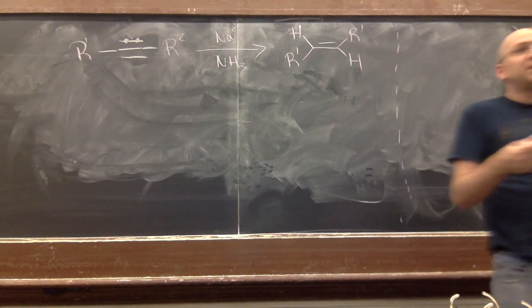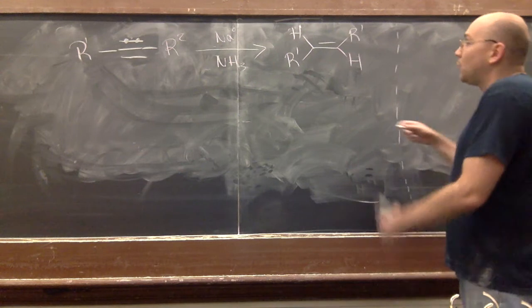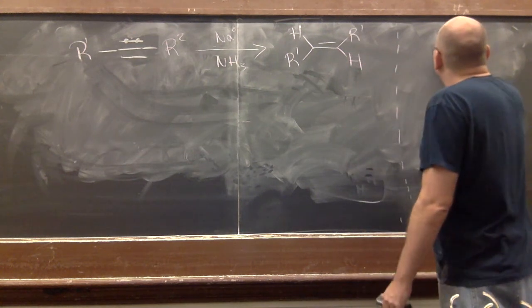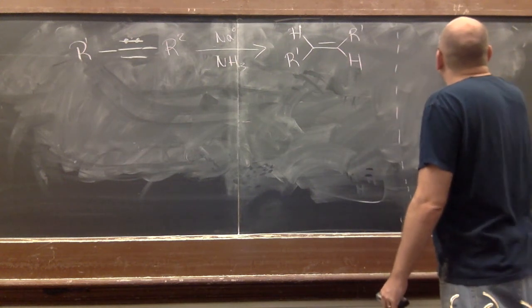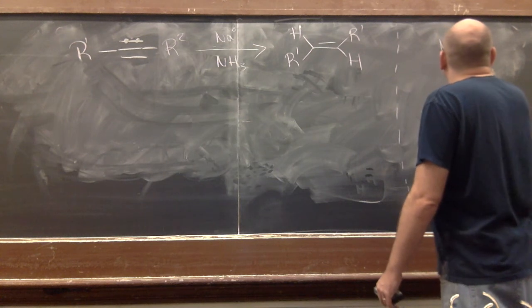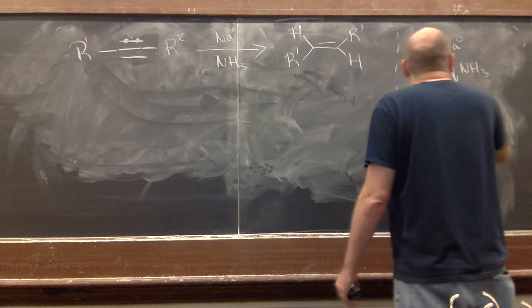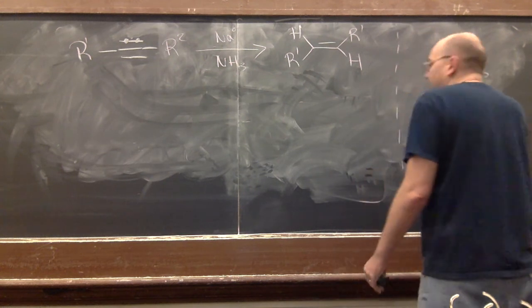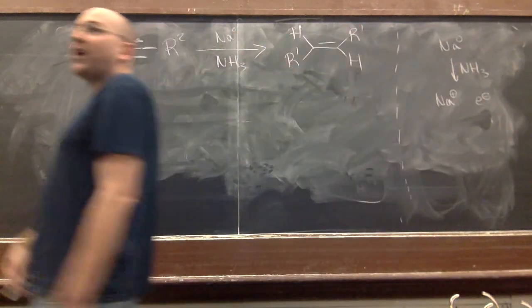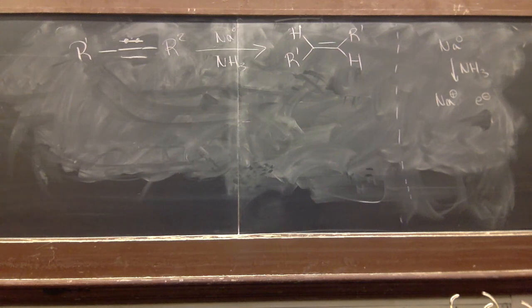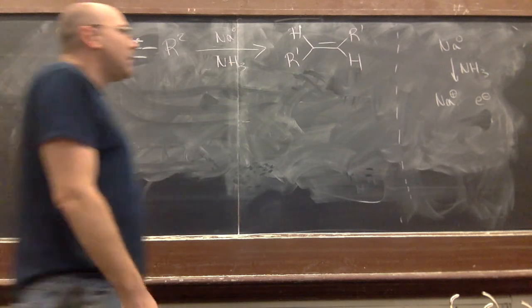The sodium will dissociate in the ammonia into sodium and a single electron. That deep blue color is actually the electrons that you're seeing.